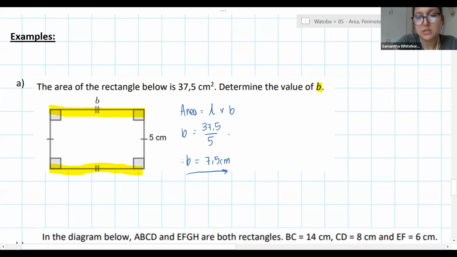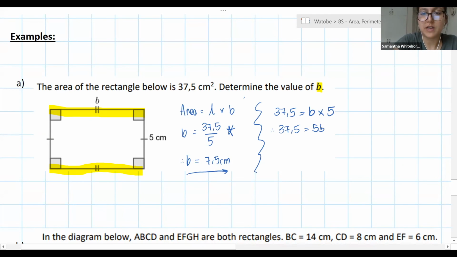Now, if this step over here by the star is confusing you a little bit, think about what happens when you substitute into your formula. The area is 37.5. The length, we don't know, that's B, but we do know the breadth, so times 5. So technically what I have on the right is 37.5 is equal to B times 5, which is 5B.